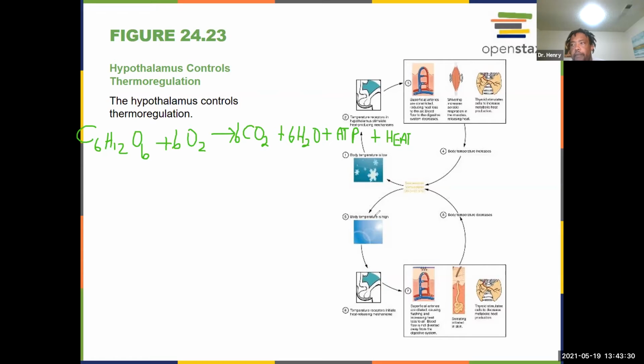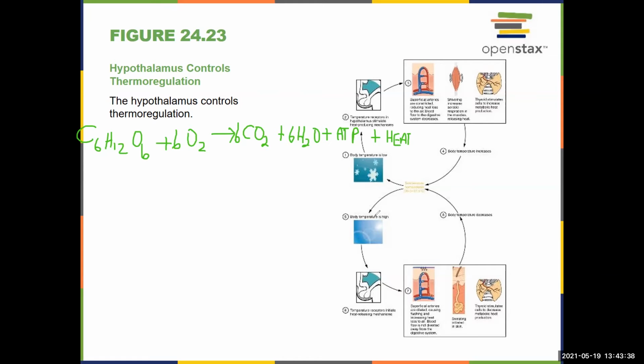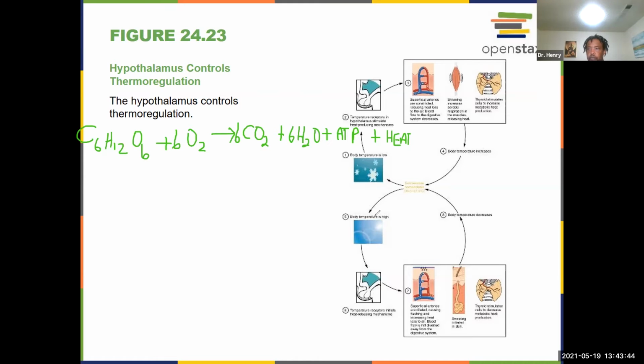Okay. Now what happens when your body is hot? It's a hot day. It's 150 degrees outside, right? Your temperature receptors are going to recognize that. They're going to go to the thymus. The thymus is going to initiate a heat release mechanism. So then it's kind of opening up the floodgates in this case.